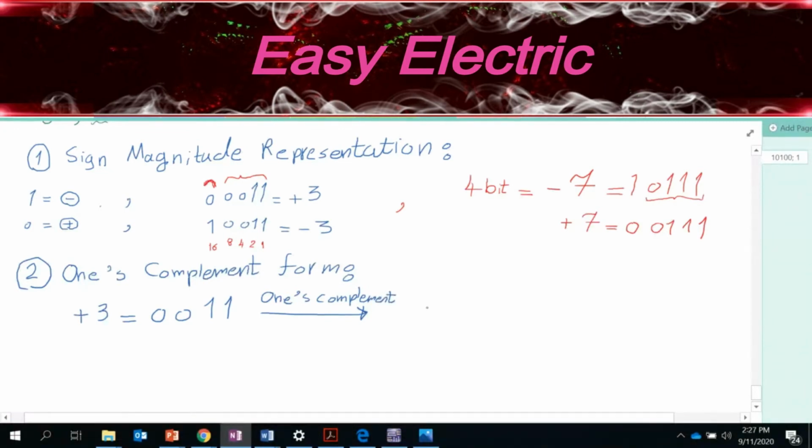So you tell me, what is the ones complement of this number? Definitely that should be the representation of -3.